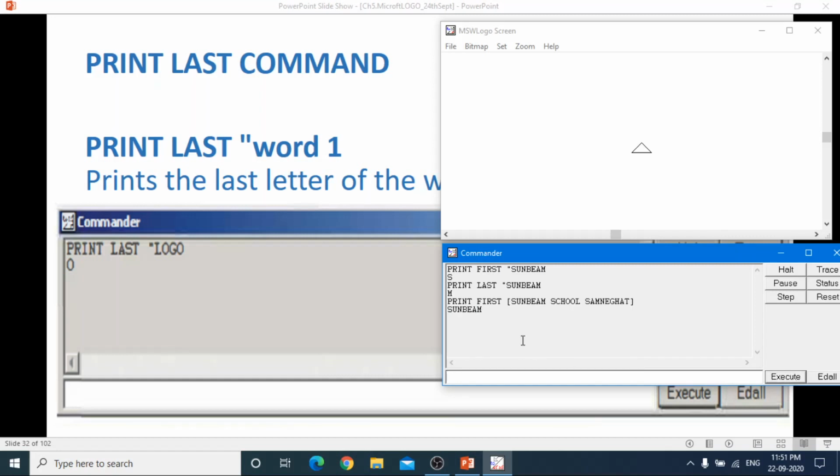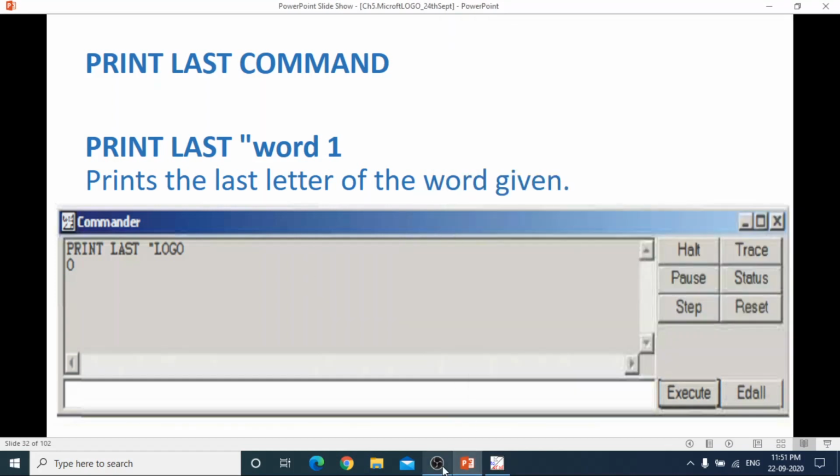See, print first, if we use it with brackets, it will print the first word from the list of words. If instead of first I write last, it will print the last word from the given list. Hope you got it. Now proceed further.